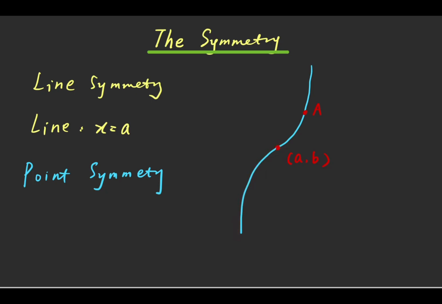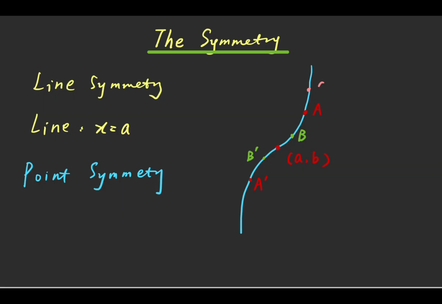So we say this part can be rotated 180 degrees to coincide with this part, and this part is just on the other side of this point. We say this graph has point symmetry.